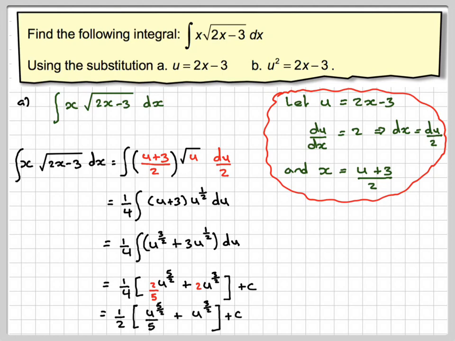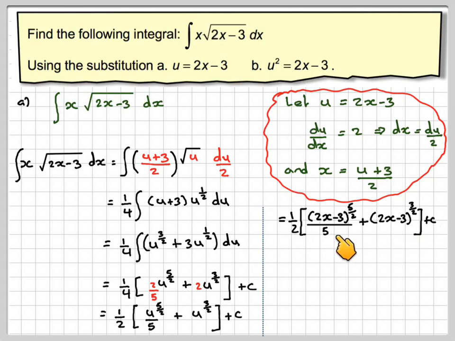If I now take out a 2, I get a half of u to the 5 over 2 over 5 plus u to the 3 over 2. Substituting back, because u is 2x minus 3, you get a half of (2x minus 3) to the 5 over 2 over 5 plus (2x minus 3) to the 3 over 2, plus c.